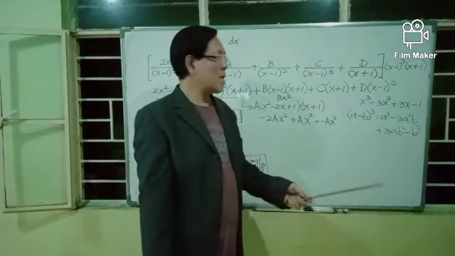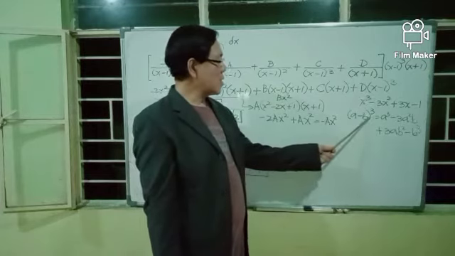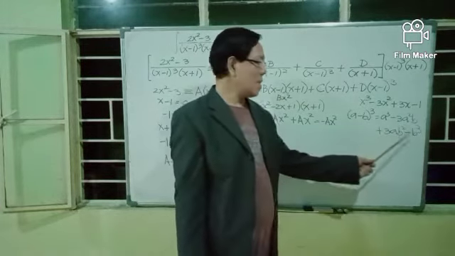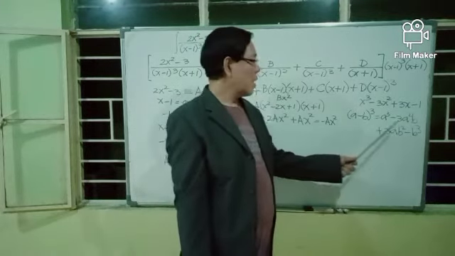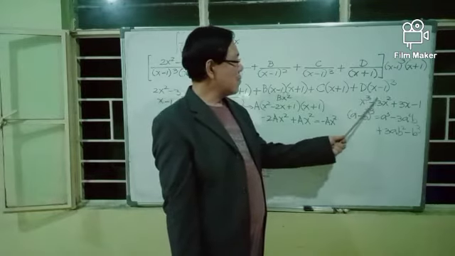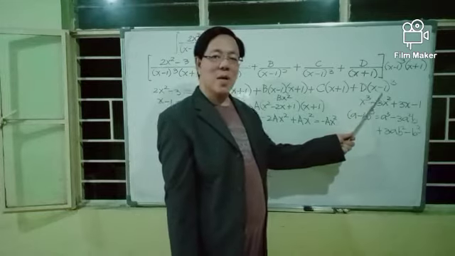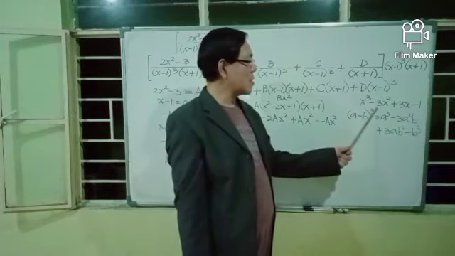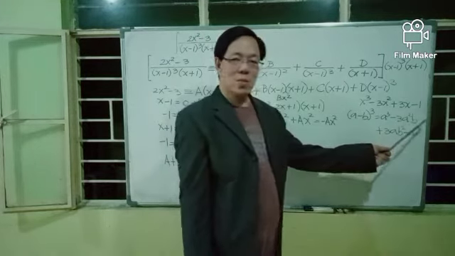Again, from algebra, the expansion of the cube of a difference a minus b cubed is equal to a cubed minus 3a squared b plus 3ab squared minus b cubed, where a in our example is x and b is 1. Hence, the expansion of x minus 1 cubed by this special product rule is x cubed minus 3x squared plus 3x minus 1.